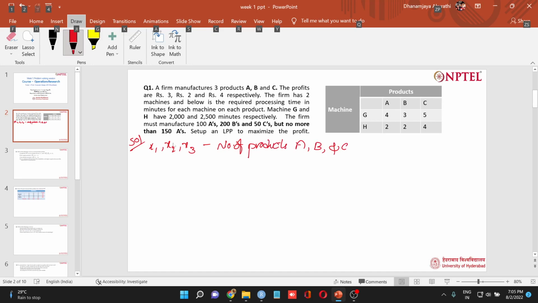Next we need to set up an LPP to maximize the profit.